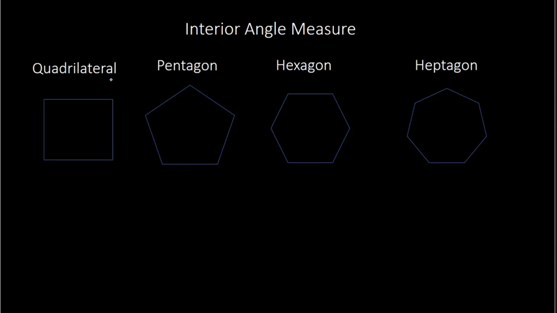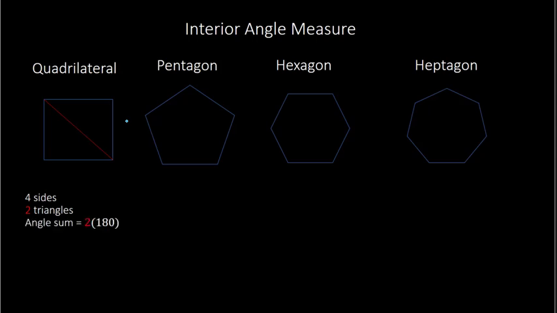So looking here at the quadrilateral, we have 4 sides. If we draw a diagonal, we have now created 2 different triangles, one on the top, one on the bottom. We learned in this video that a triangle has 180 degrees. So I have 2 triangles, and each of them has 180 degrees.